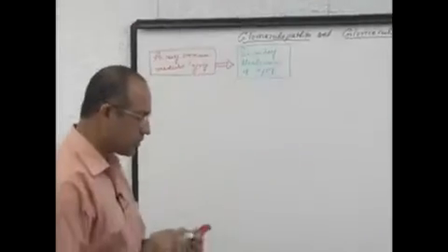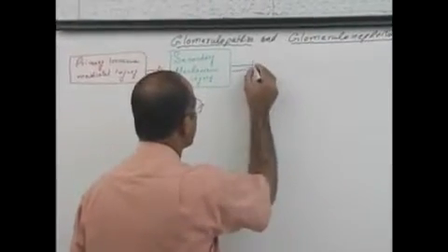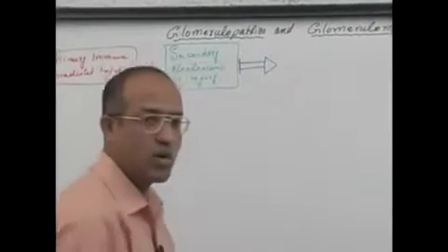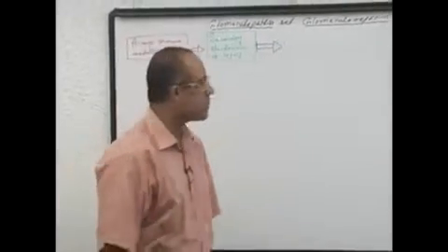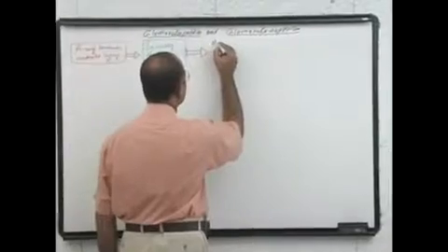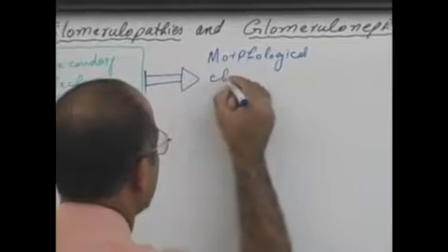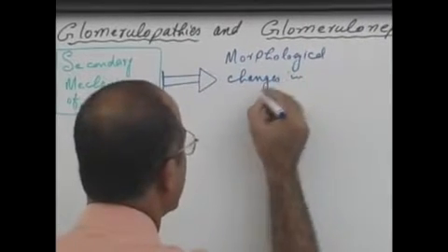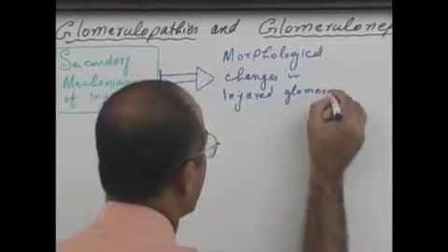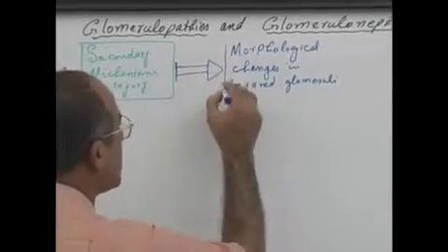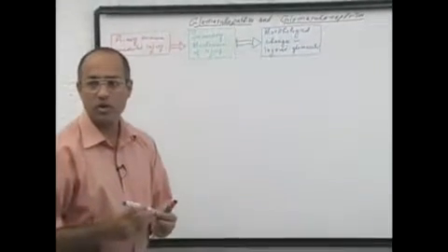And the next concept which you should build is that after primary and secondary glomerular injury, what are the morphological changes in injured glomeruli? Actually, on the basis of these histological and morphological changes, we classify glomerulonephritis.